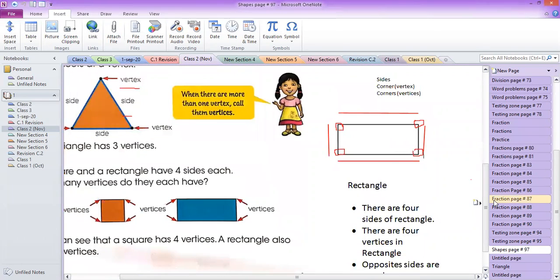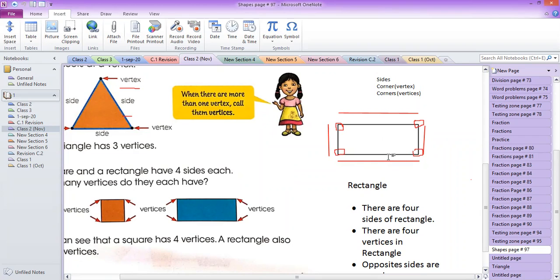The second shape we started was a rectangle. A rectangle is quite similar to a square. It also has four sides and four corners, I mean four vertices. But what is the difference between a rectangle and a square? In a rectangle all sides are not equal, only opposite sides are equal. If you see, this side is longer than this one.